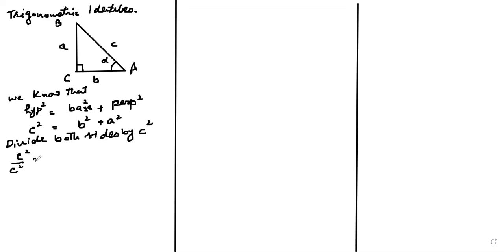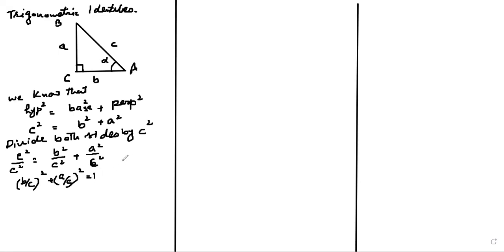And on the right hand side, we have B square over C square plus A square over C square. So on the right hand side, we have B over C, the whole square, plus A over C, the whole square, equals 1.